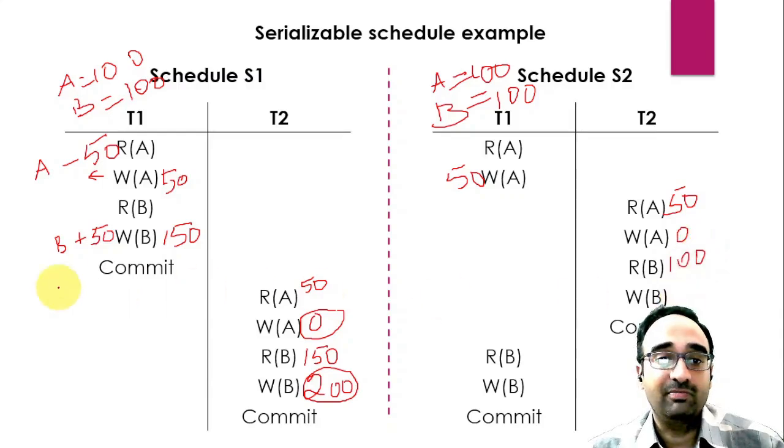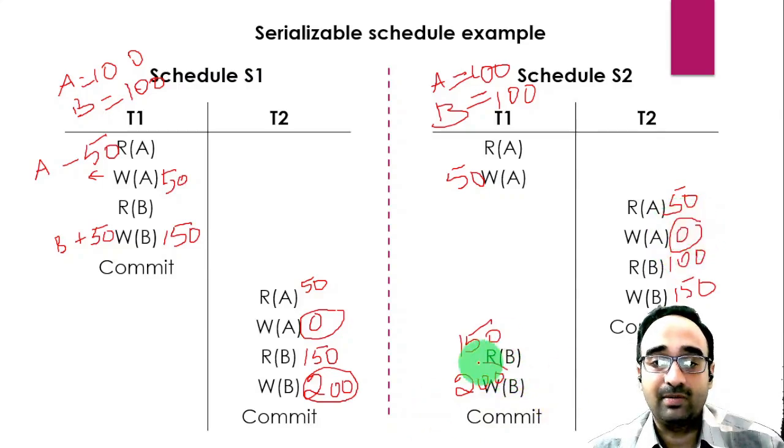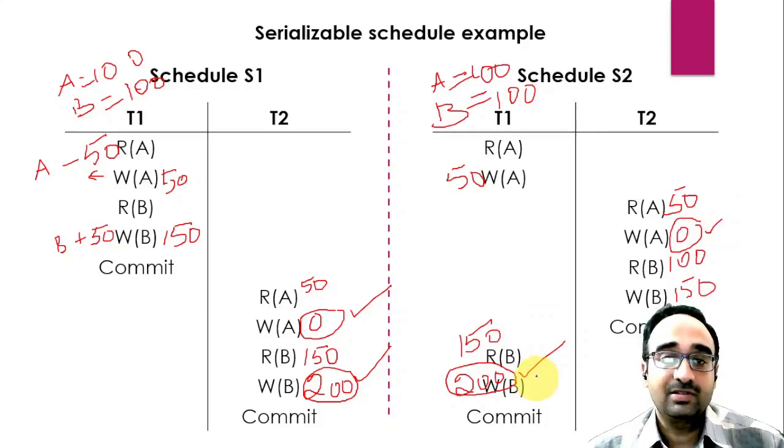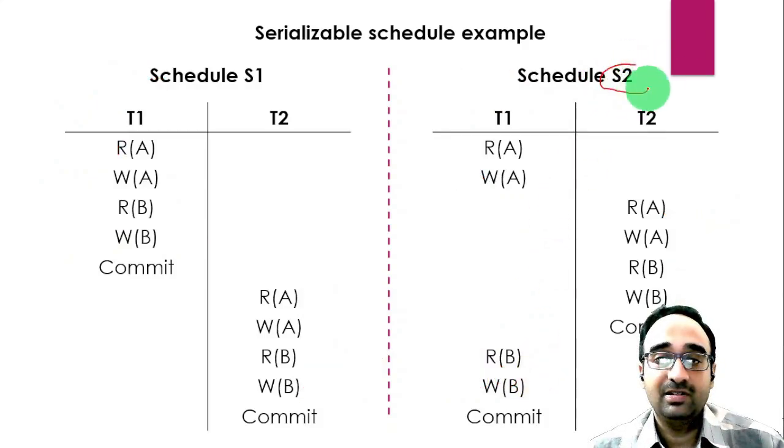Write of B means B plus 50, which is 150. Then here read of B. What is the B value here? 150. And write of B means again 150 plus 50, which is 200. Now by the end of the schedule, what is the amount in A? A is 0 and B is 200, which is the same as here: 0, 200 and 0, 200. So we can say that S2 is a serializable schedule.